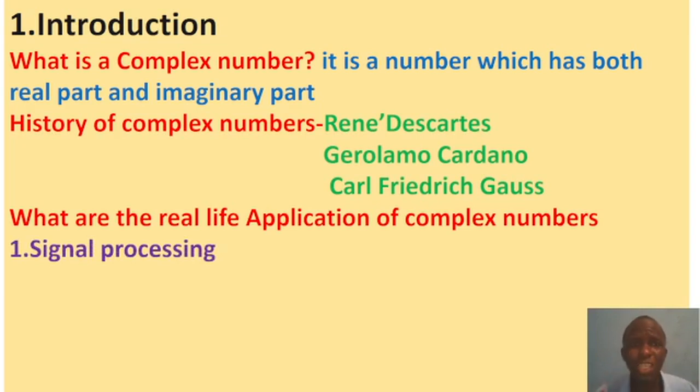Signal processing involves representation of signals in a frequency domain. When that is done, an imaginary part of the signal and the real part of the signal have to be figured out. And that is how complex numbers come into the picture.